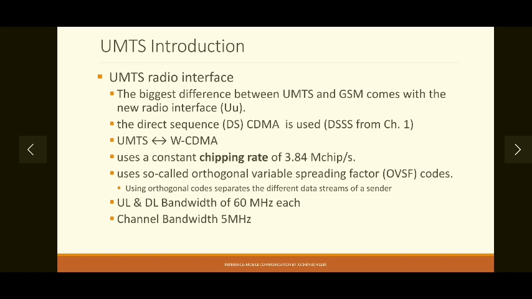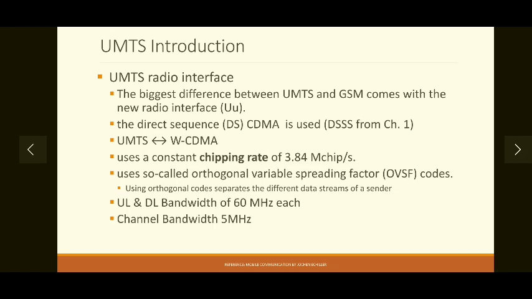The uplink and downlink bandwidth for UMTS is around 60 MHz each, whereas in GSM it was around 25 MHz. Then channel bandwidth, which was in GSM around 200 kHz, now here it is 5 MHz.